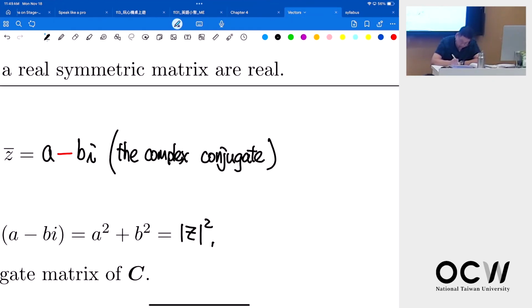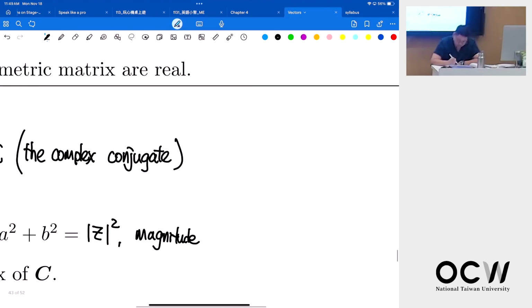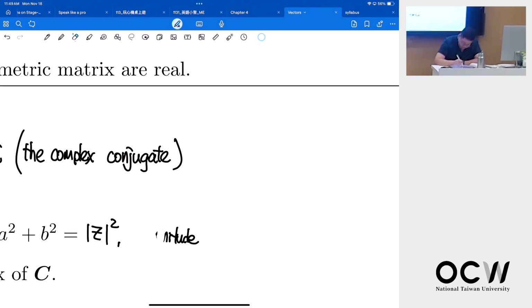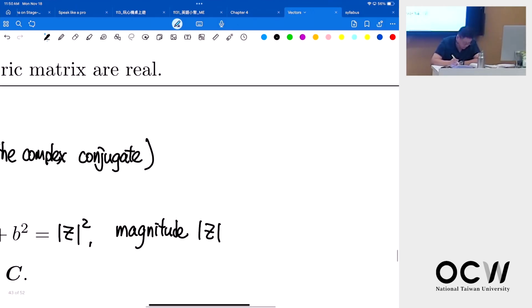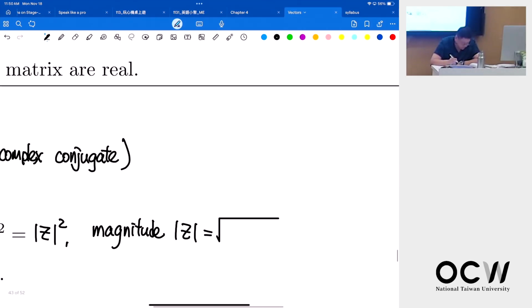And the magnitude of z is the square root of a squared plus b squared. That's the magnitude.